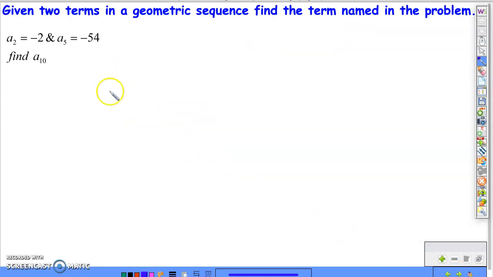Okay, now we got to find this 10th term in between the 2nd and 5th term. So we got to find our rate. So to do that, again, we use a sub n equals a1 r to n minus 1. So a sub n, last one we know, is -54.